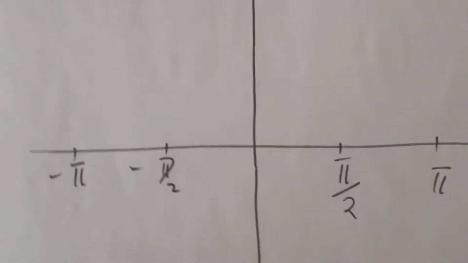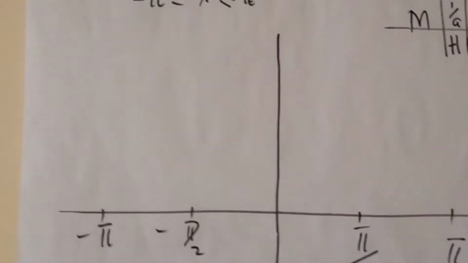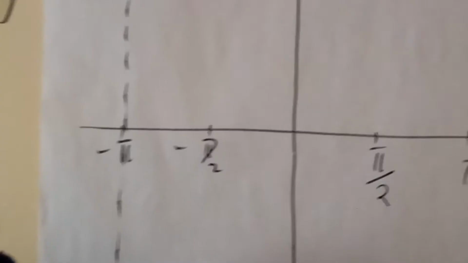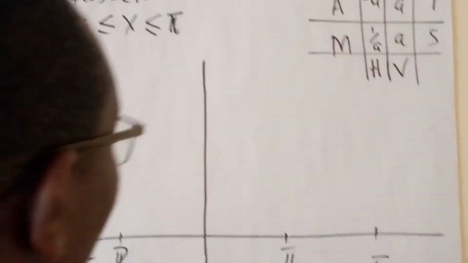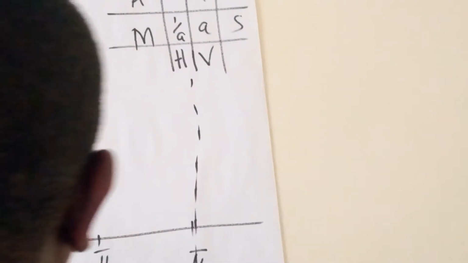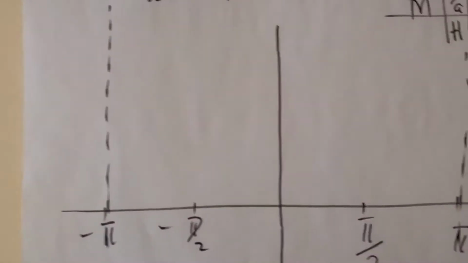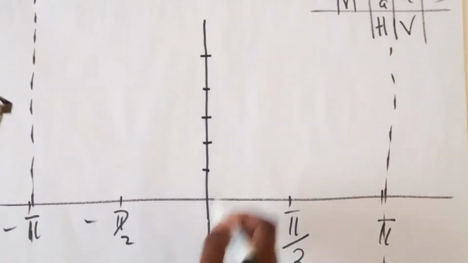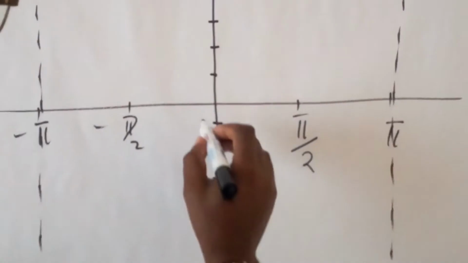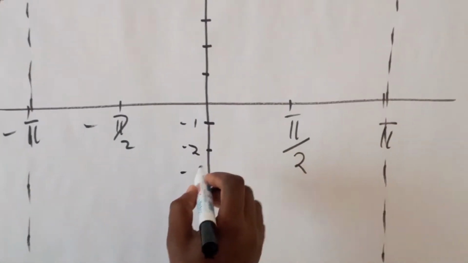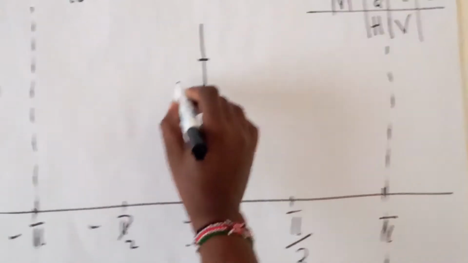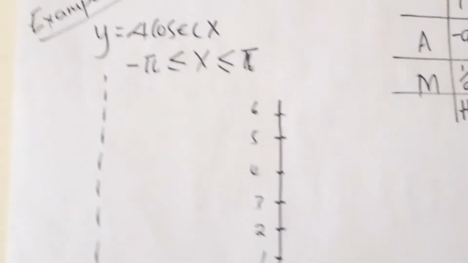Basically, what we saw in our previous video is that along the lines negative pi, 0 and positive pi, we had asymptotes. And we mark 1, 2, 3, 4, 5, and the same case, negative 1, negative 2, negative 3, negative 4, negative 5, negative 6.